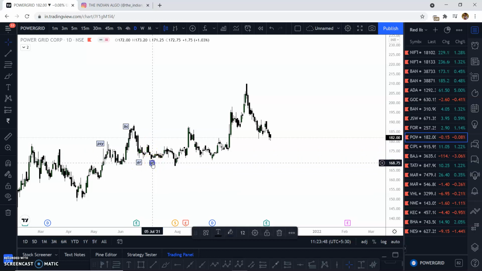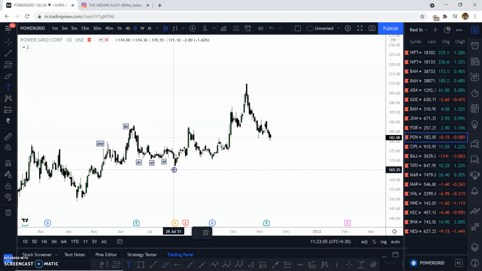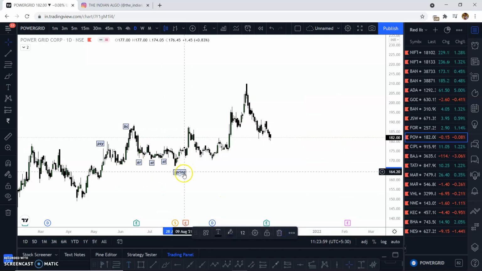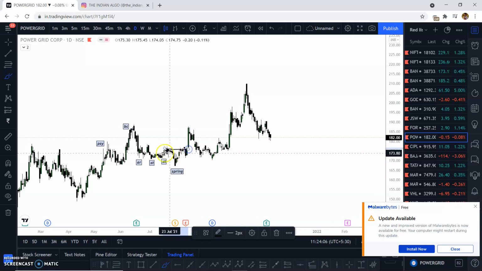So this is my ST, even this could be my ST, and then I see a spring action that took place here, around this area. Now once I have this spring action, you see this huge up move taking out all of the supply.